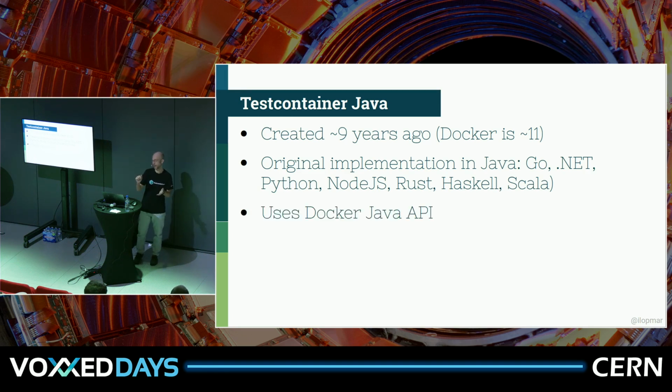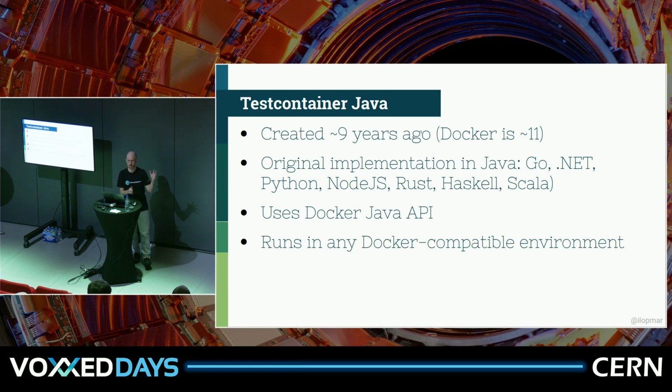Testcontainers Java, and I think probably all implementations will behave the same, but I don't know the details. The Java one uses the Docker API under the hood, meaning that it doesn't run the CLI, or commands like docker run, docker exec, docker whatever. It uses the low-level API, it talks directly to the Docker socket to do a lot of things better than with the CLI, but you don't need to worry about that.